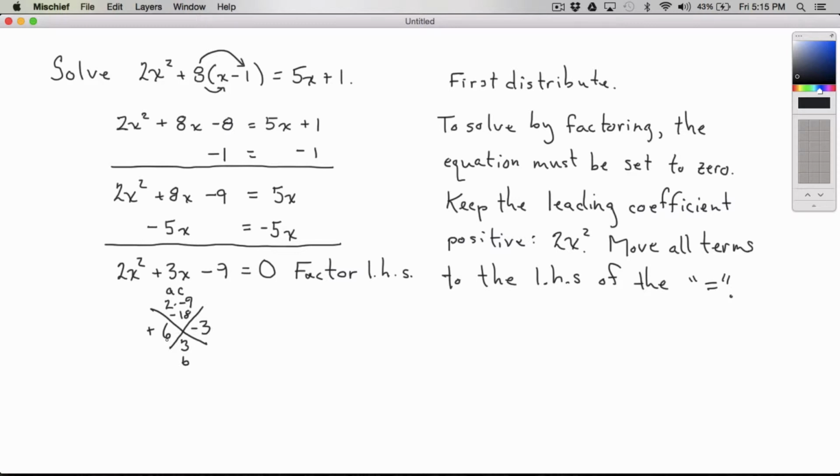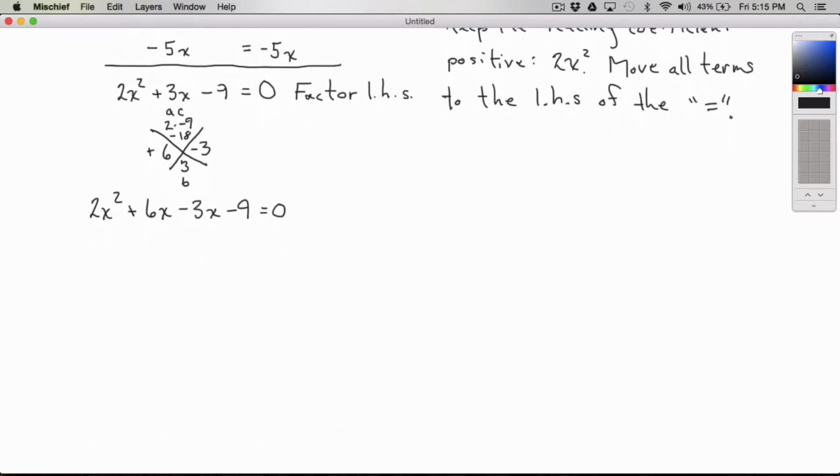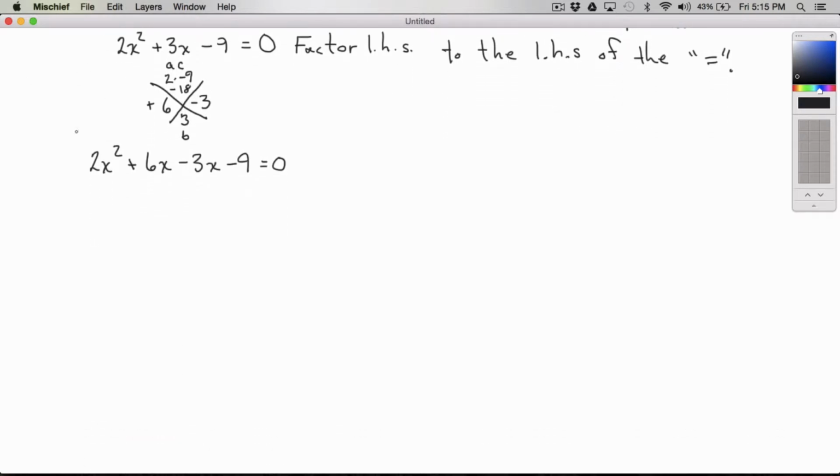Now I'm going to use the 6 and negative 3 to rewrite the 3x. I'll rewrite it as 2x squared plus 6x minus 3x minus 9 equals 0. Notice here we have a greatest common factor in the first group of 2x.